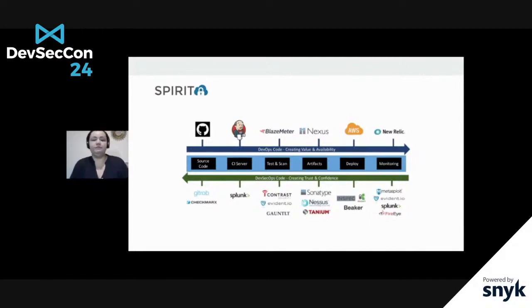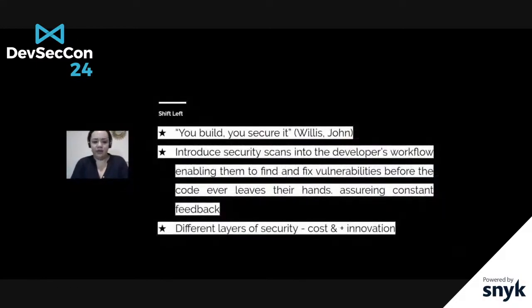You stop the build and you create an issue in your repository, your issue management, such as GitHub or GitLab, an issue for your developers. So this is the concept of shift left. You return the code to the one who built it. So as John Willis said, you build it, you secure it, right?